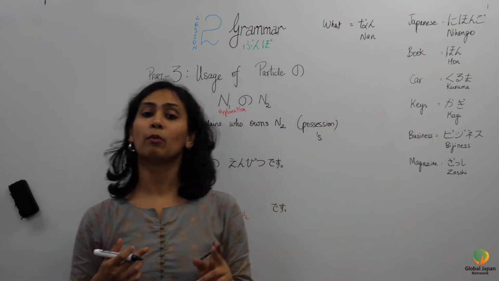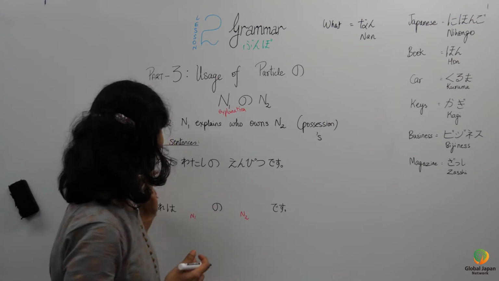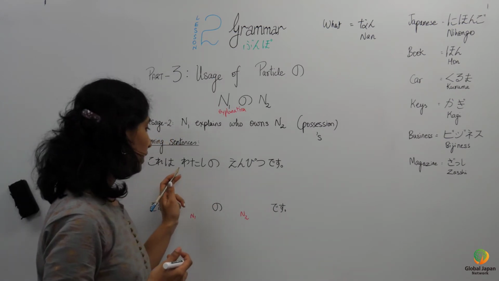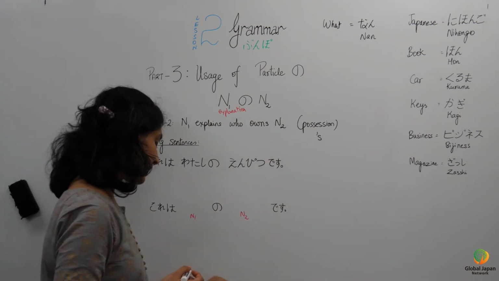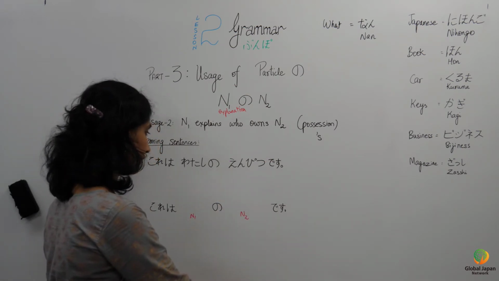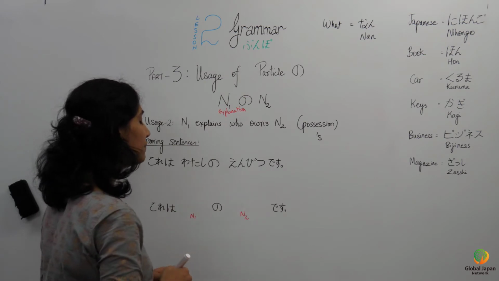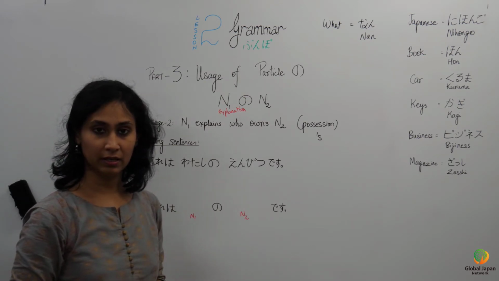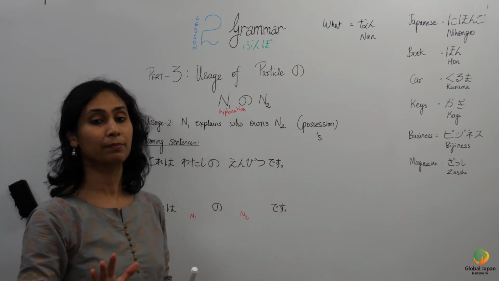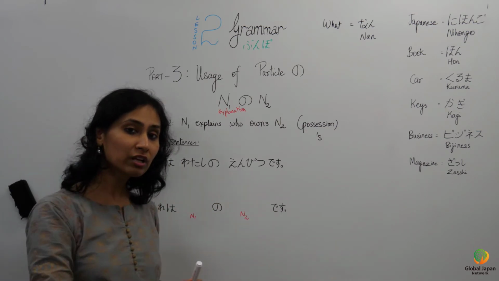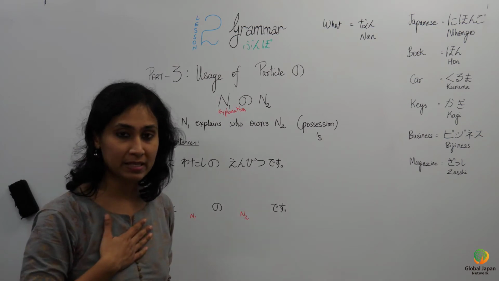What is the demonstrative word that will be used? Kore. Kore wa enpitsu desu. It's a statement, so it is ending with desu. If I have to tell this is a pencil, my sentence would have just been kore wa enpitsu desu. But I want to give more information about it. My pencil.